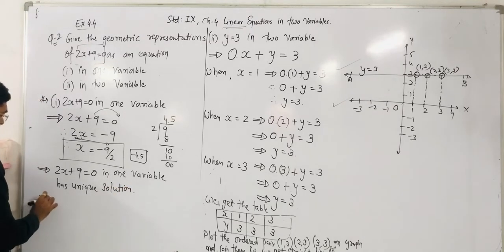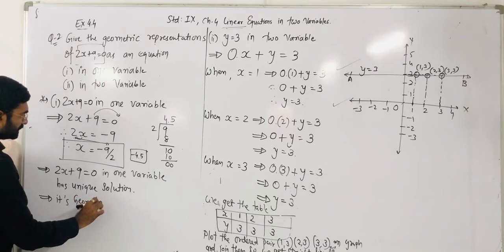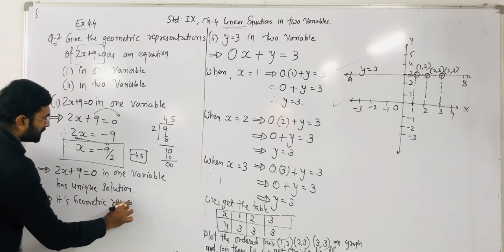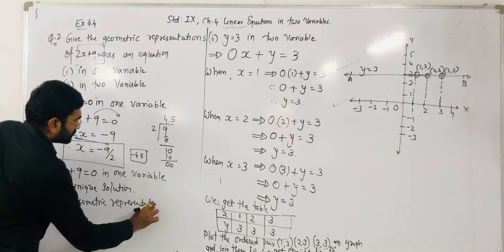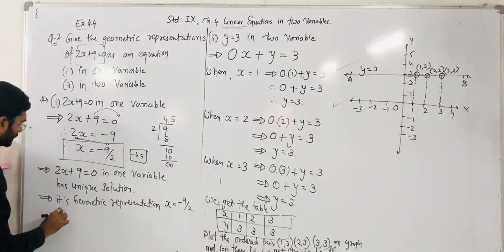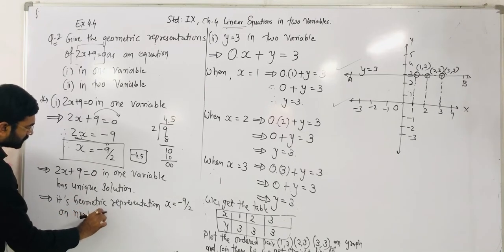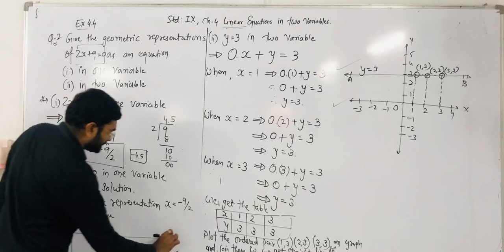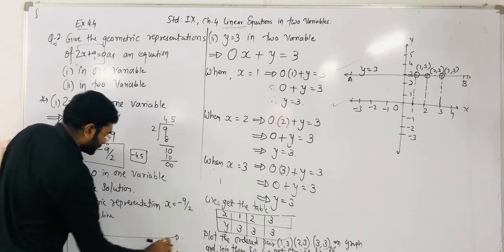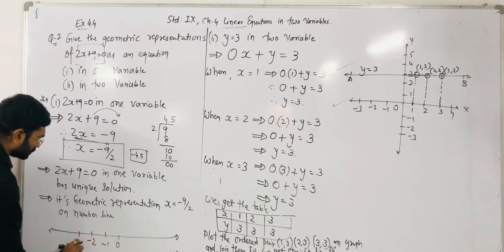And its geometrical representation is x is equal to minus 9 by 2 on the number line. So how can we represent x is equal to minus 9 by 2? This is 0, minus 1, minus 2, minus 3, minus 4, minus 5.